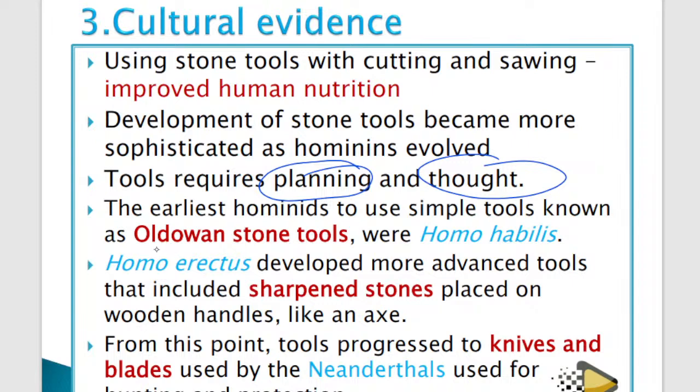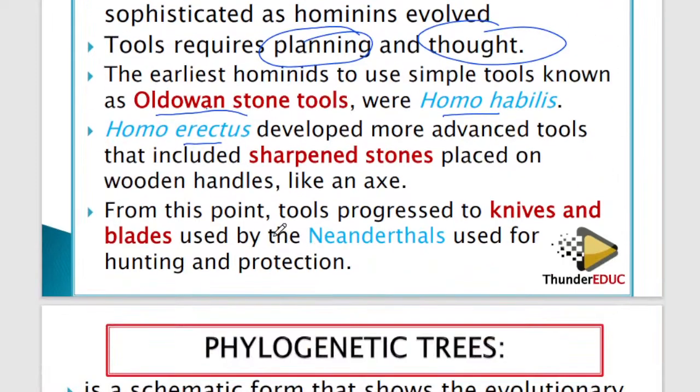Therefore, as I showed you, the Homo habilis used the oldest tools, but the Homo erectus used the more advanced tools, and the Homo sapiens used blades and knives.